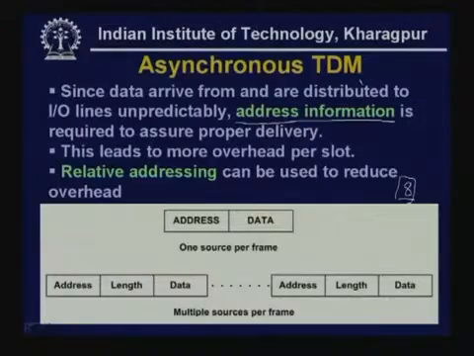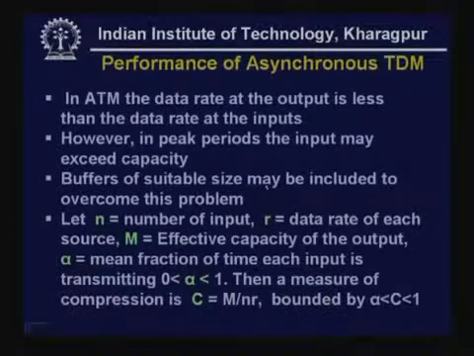So, there will be some overhead in asynchronous time division multiplexing, because you have to send the address information along with the data. However, it has the advantage that it makes better utilization of the channel. Particularly in asynchronous time division multiplexing, the data rate at the output is less than the data rate at the inputs.